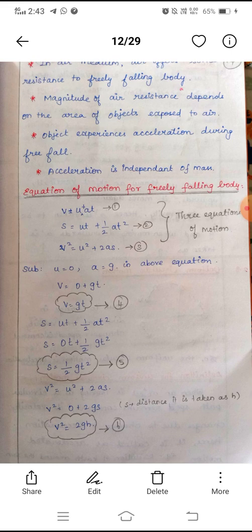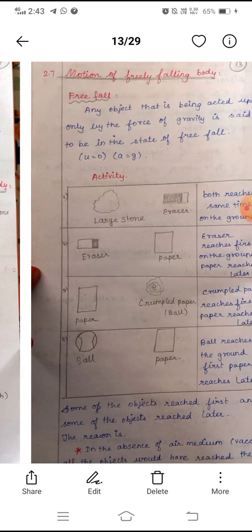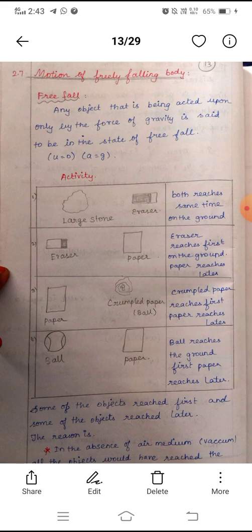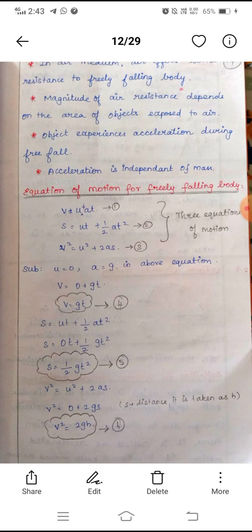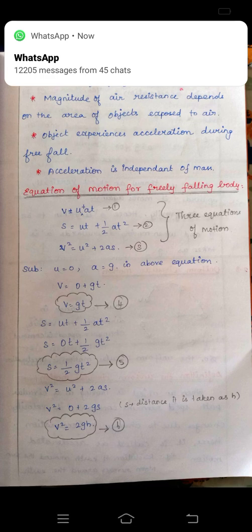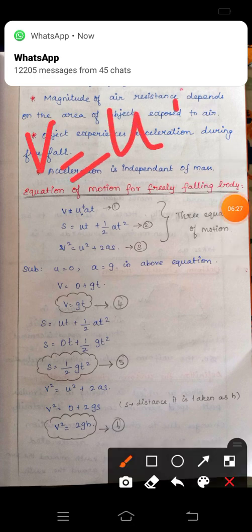We are substituting the u value as 0. Because it is a free fall, there is no initial velocity, so we are taking u as 0 and a as g. Substitute u equal to 0 and a equal to g in the above equations. In the first equation, v is equal to u plus at.